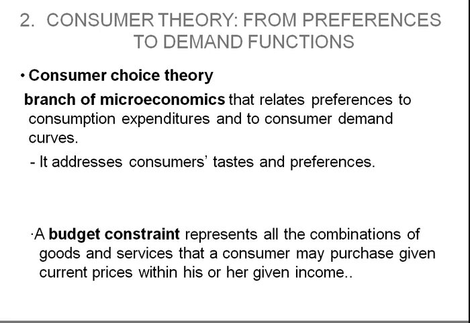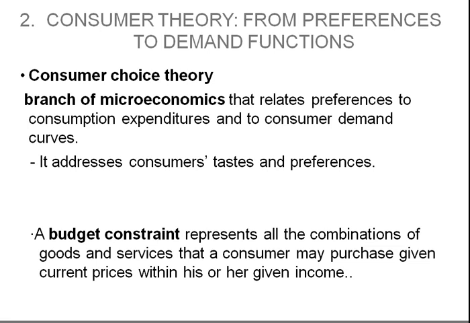A budget constraint. It represents all the combinations of goods and services that a consumer may purchase given current prices within his given income. Actually, we don't have enough resources to buy everything we want. We have a limited income or limited budget, so that is called a budget constraint or income constraint.